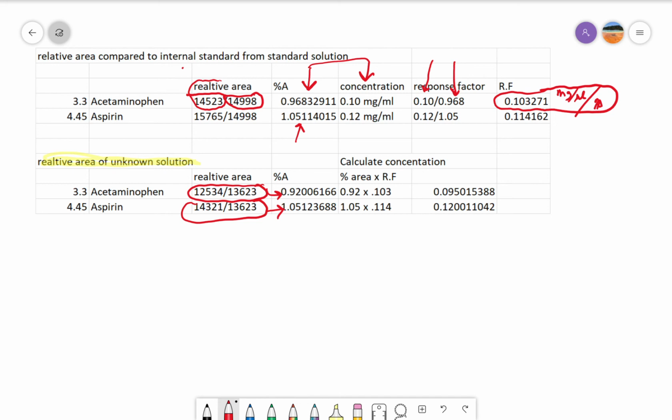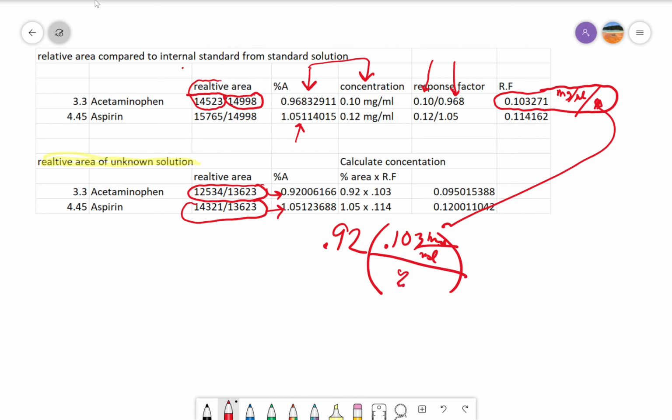If we take that relative area, so 0.92, times the response factor of 0.103 milligrams per milliliter over percent area, the percent area is going to cancel out, and we're going to find out that that unknown solution is 0.095 milligrams per milliliter.